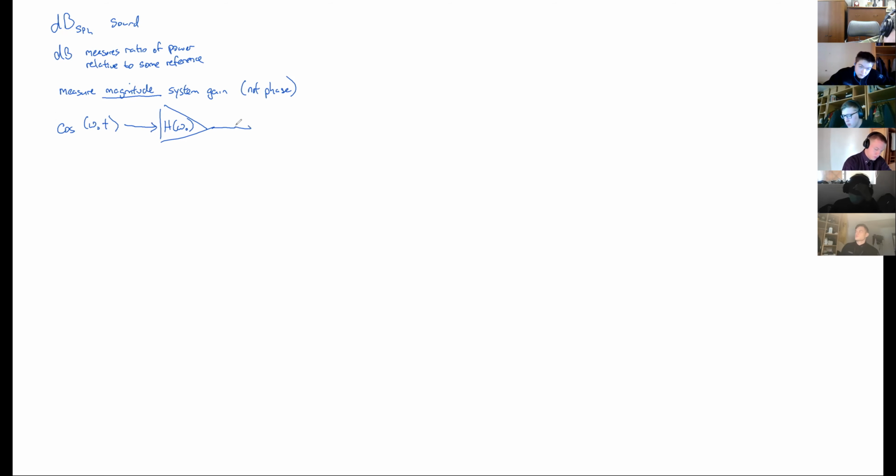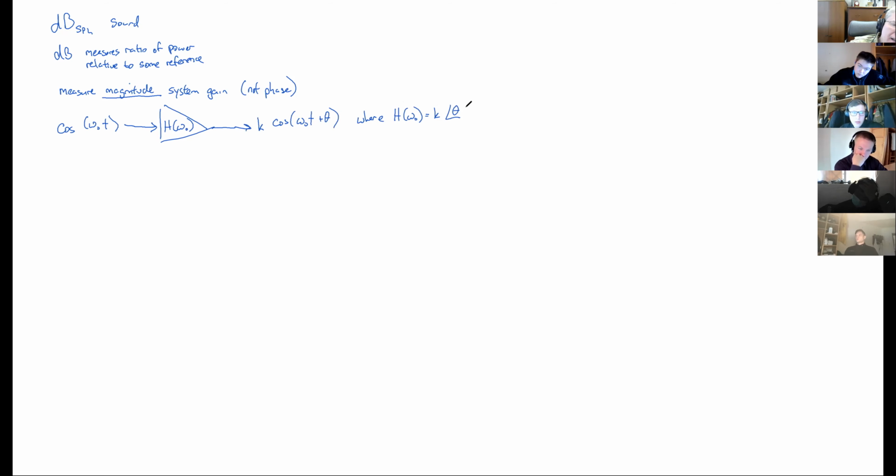What we get out is going to be some k times cosine of omega naught t plus some theta, where if we evaluate H at omega naught, that gives us exactly what our k is and what our theta is. So that's what we've already described.